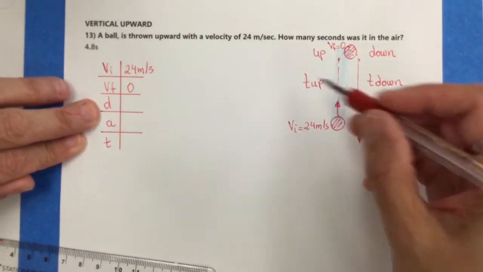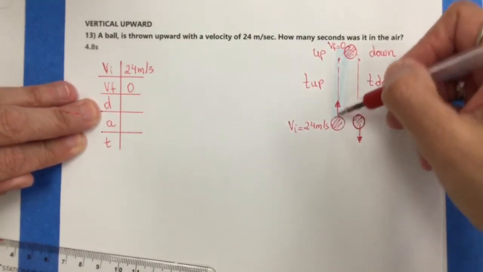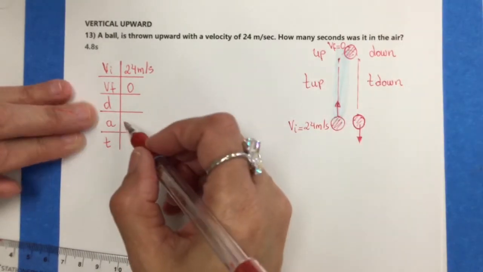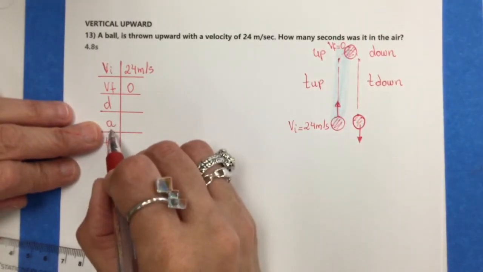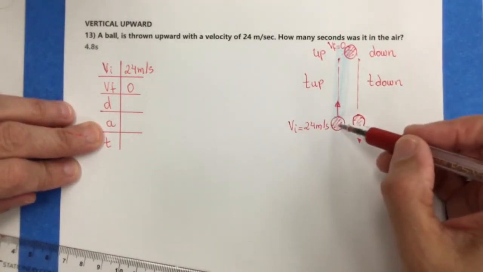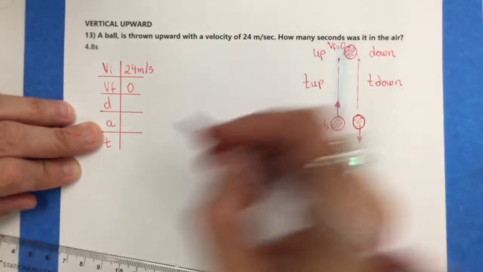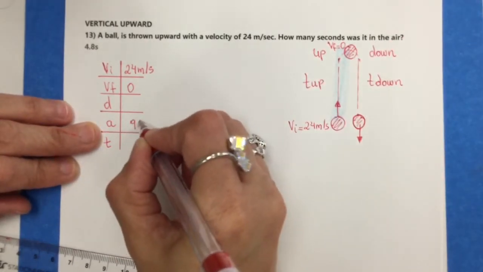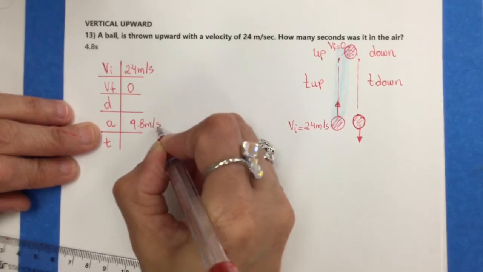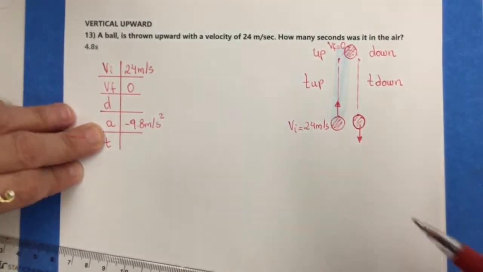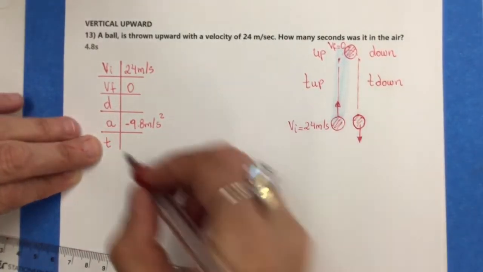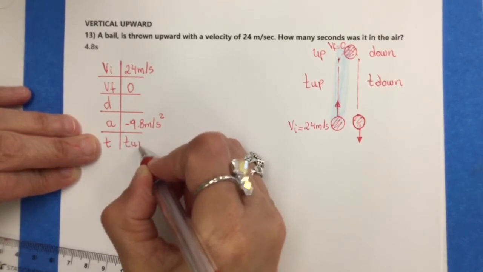We don't have any information about how high it went. And then the acceleration, because it's decelerating, is negative 9.8 meters per second squared. And this is the time going up.